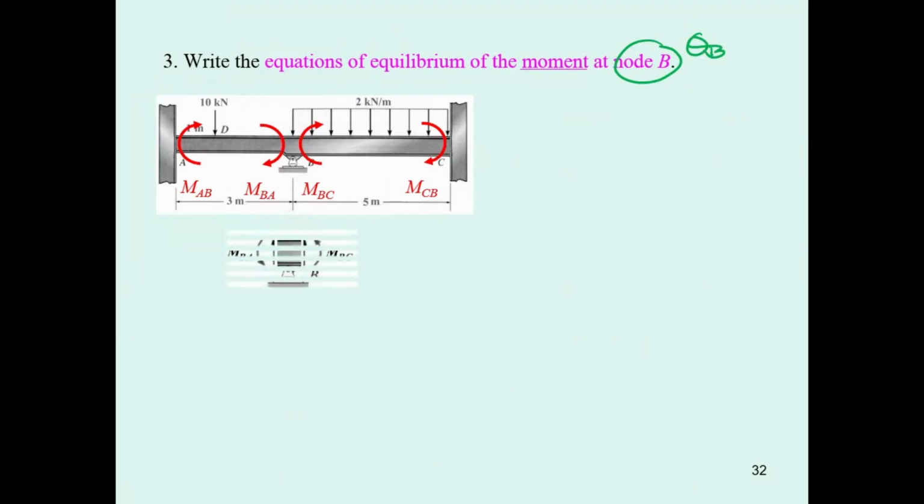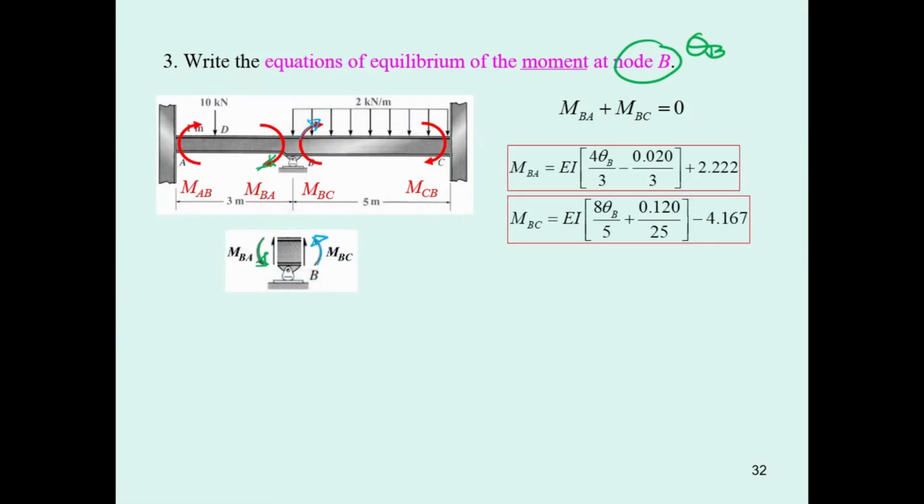Now, only M sub BA reverses the rotation into this one. And for this one, you have M sub BC. M sub BA plus M sub BC is going to be 0 from the previous one.